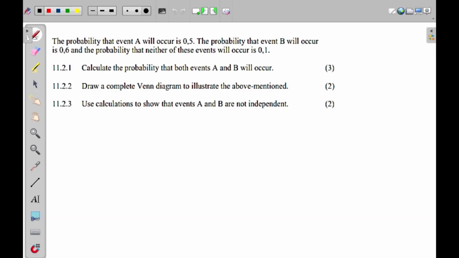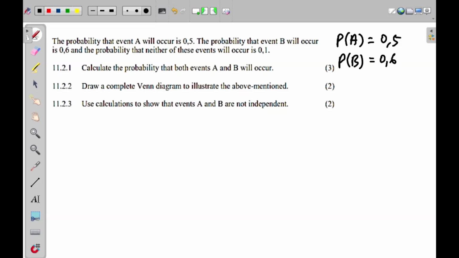All right. This one starts off by saying the probability that event A will occur is 0.5. This is not different from saying P(A) is 0.5, which is a half. The probability that event B will occur is 0.6.